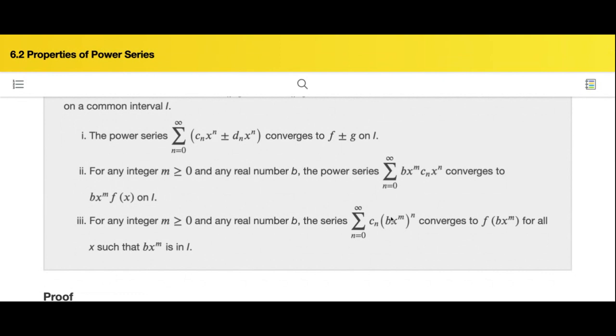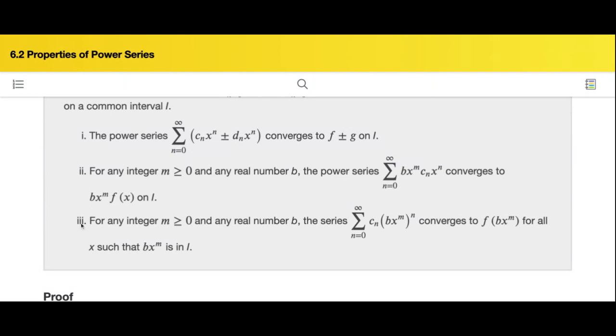So we can do that. It converges to f, taking b x^m as the variable, for all x such that b x^m is in this interval. So basically it means the interval is part of the domain.